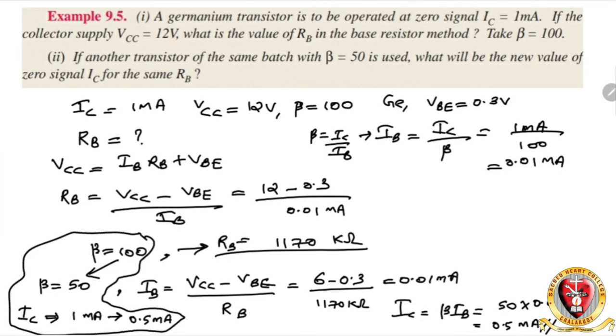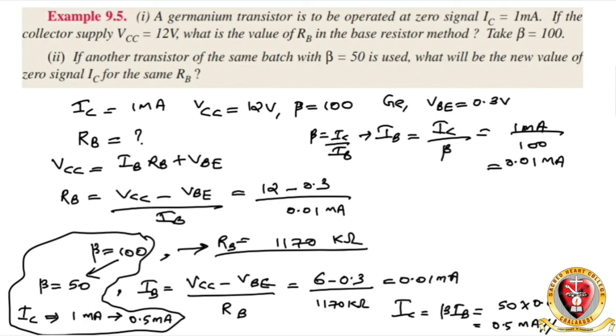The base resistor method cannot provide stabilization. If this circuit were properly stabilized, then whenever beta changes, there would not be much change in IC. But here, if beta changes from 100 to 50, IC also changes from 1 milliampere to 0.5 milliampere. From this example, it is clear that the base resistor method cannot provide proper stabilization.